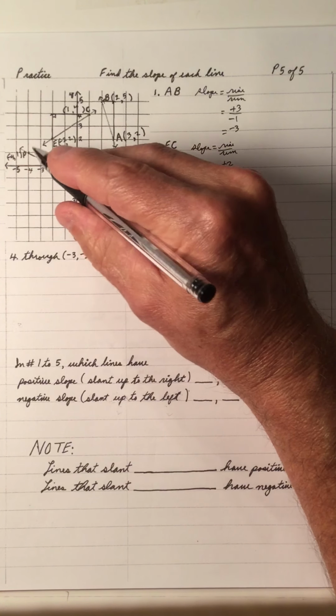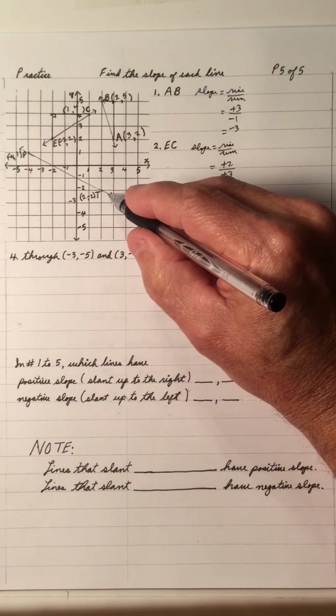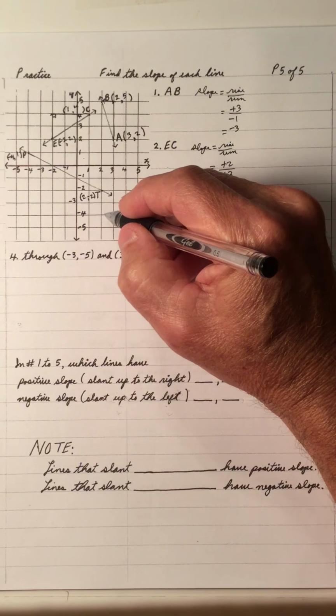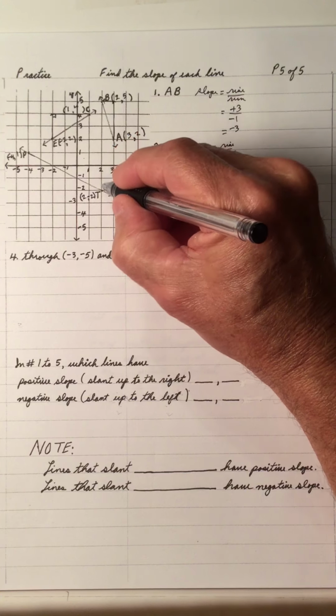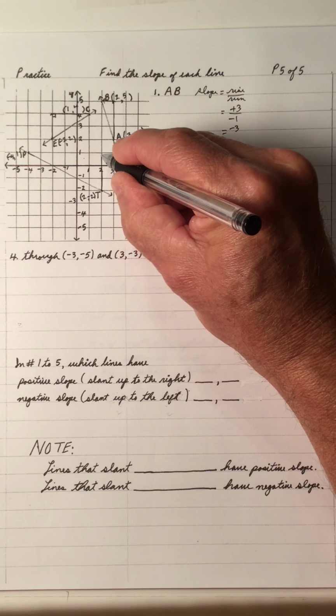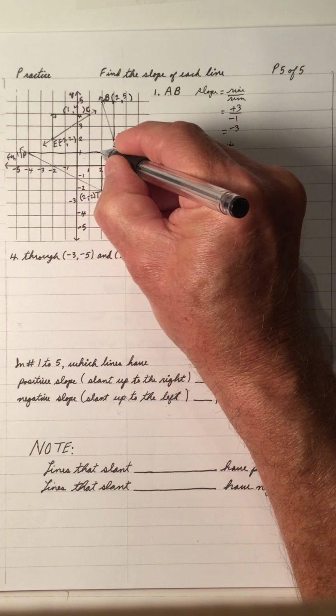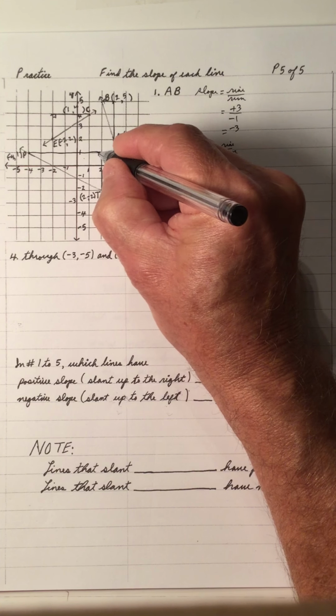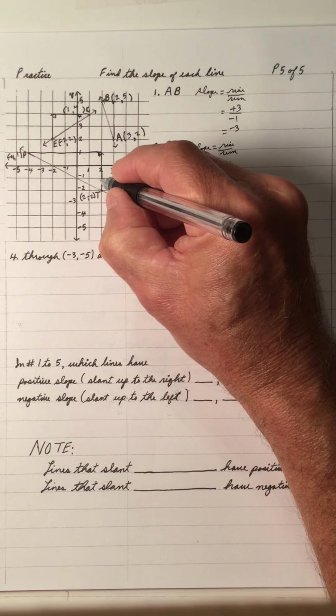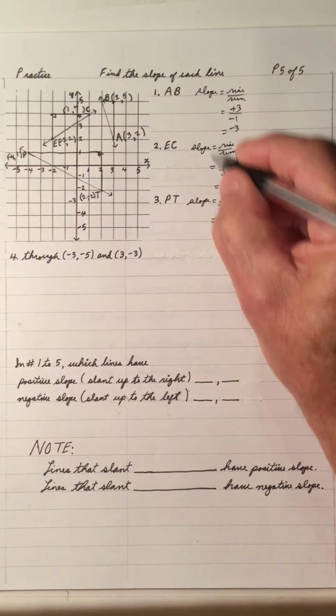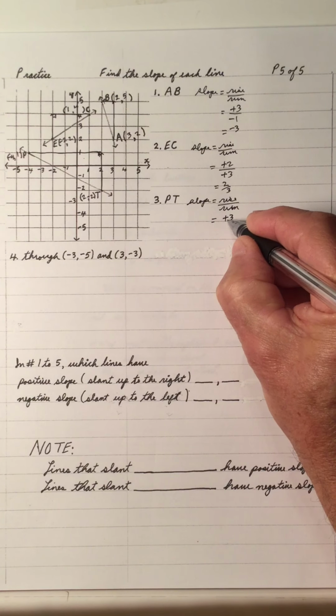Now, notice the slope of this line before we start is negative because it's up to the left. So let's go up, and we have to form a right triangle. There it is. So I went up 1, 2, 3, so it's a +3.